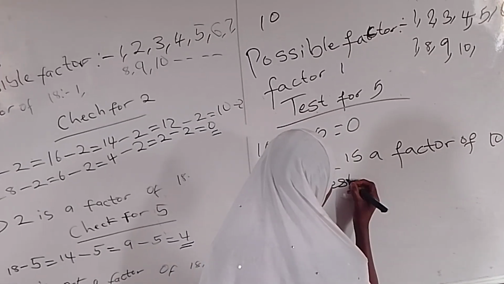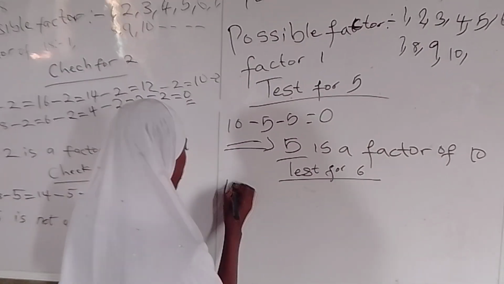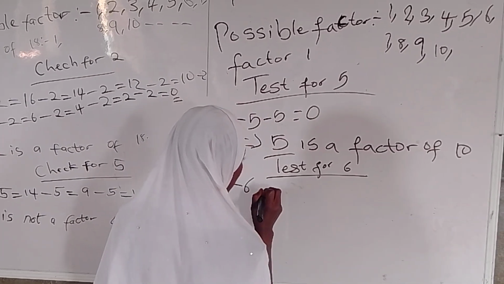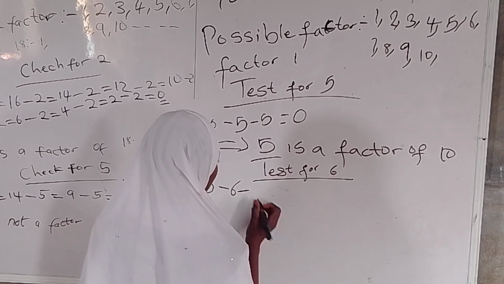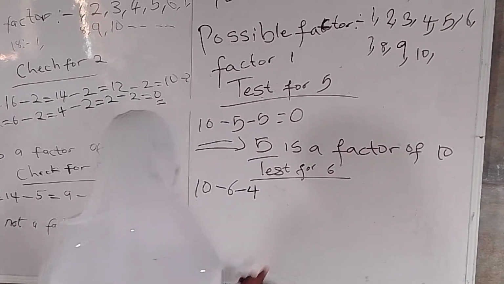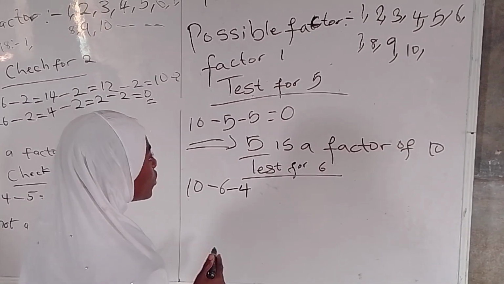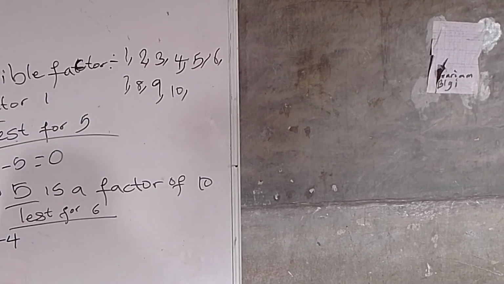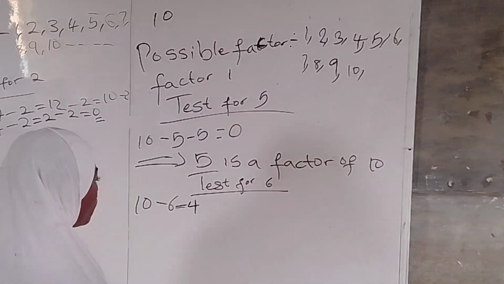Test for 6. 10 minus 6 equal to 4. That means that 6 is not a factor of 10.